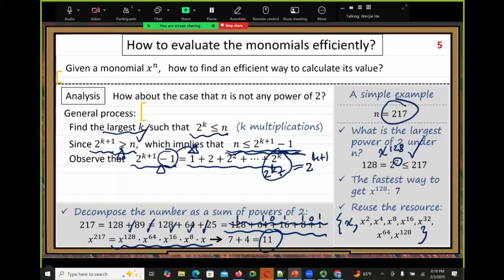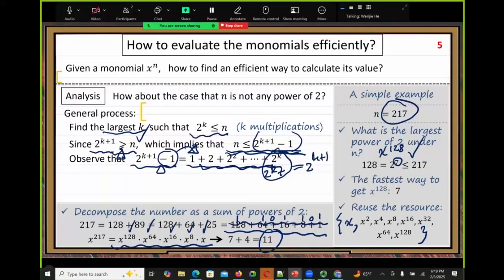So this tells you that any integer less than or equal to this number can be represented by your resource pool objects, because all these powers of 2 are in your resource pool.